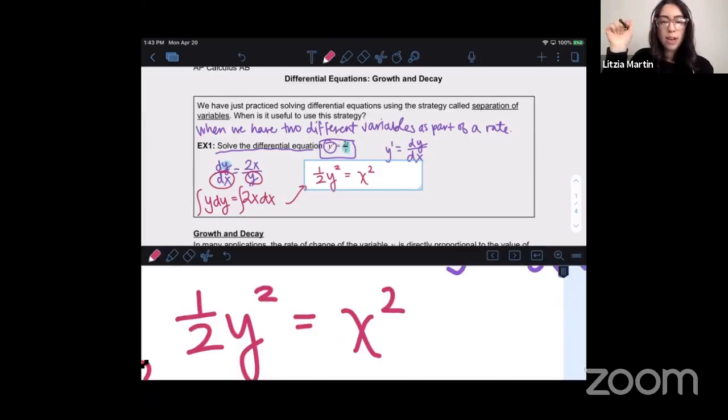So we have 1/2 y squared is equal to x squared plus c. Remember that constant, it just represents some number. So it's really the combined constants. So that's why I didn't write a plus c on the side where it's 1/2 y squared. It's just all combined onto one side. So this is our general solution.